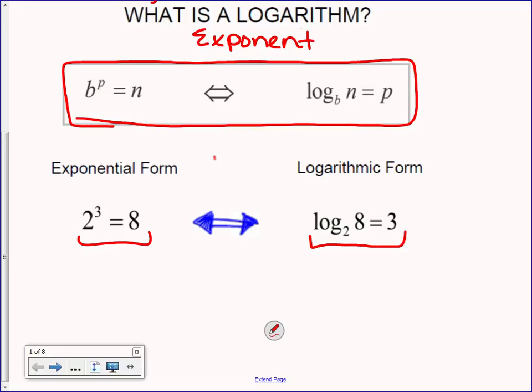You can kind of remember this as the drop and switch. When you're converting from exponential form to logarithmic form, you're going to write log, drop the base, and then switch your input and your output. So notice how the 3 and the 8 switch. Okay, let's look at some more examples, and I think you'll get the idea.